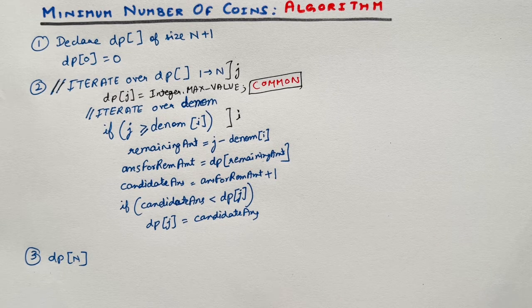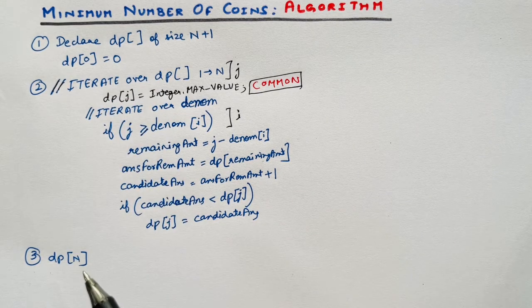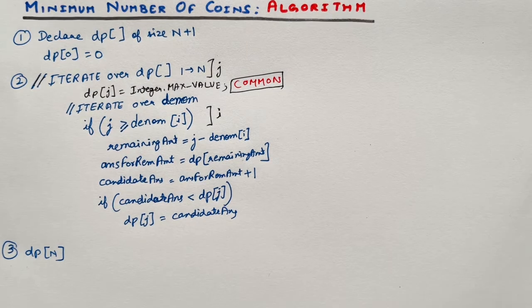So far, we have been focused on returning the minimum number of coins that are required to form a value n. We could also be asked to return the actual coins that were used to form the value n and not just the minimum count. Then we won't be returning an integer from our function, but a list of integers, and every element from that list will denote one of the coins used to form n.